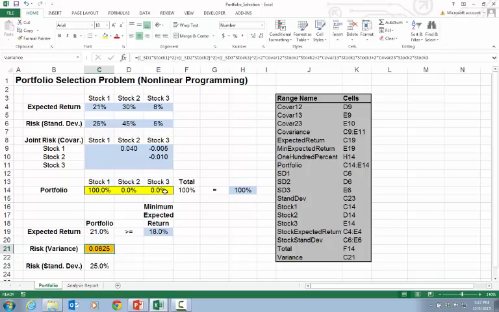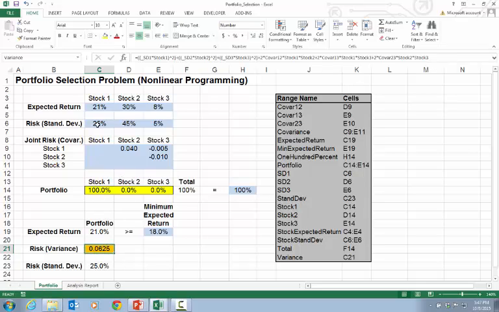But since stock 2 and stock 3 have no investments in them, all those expressions are going to be 0, because again it's the stock 1 proportion times stock 2 proportion, which is 0. Stock 1 times stock 3 is 0, and stock 2 times stock 3 is 0. So none of these covariances are going to kick in at this point.